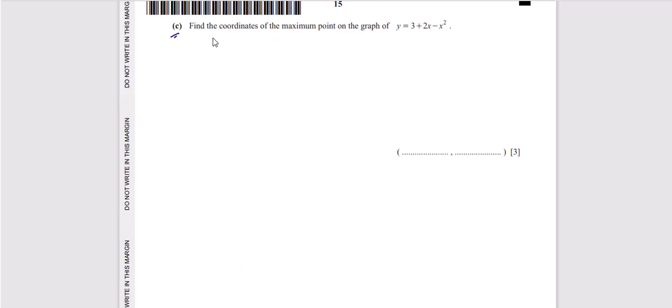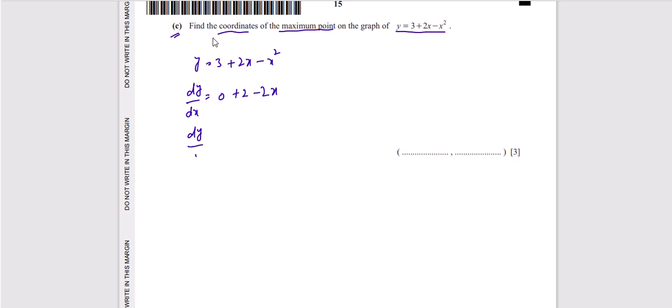Part C. Find the coordinates of the maximum point on the graph. The given line is y is equal to 3 plus 2x minus x square. Take derivative with respect to x. dy over dx is equal to 0 plus 2 minus 2x.